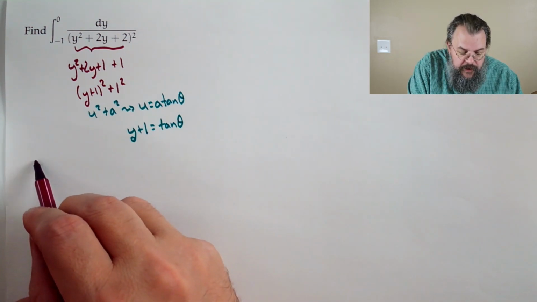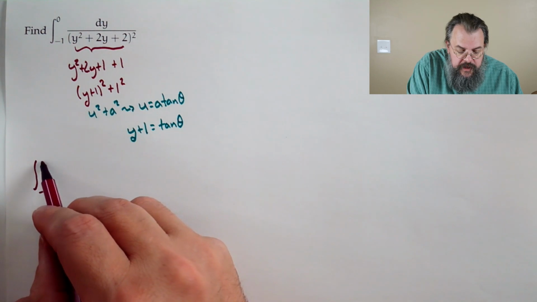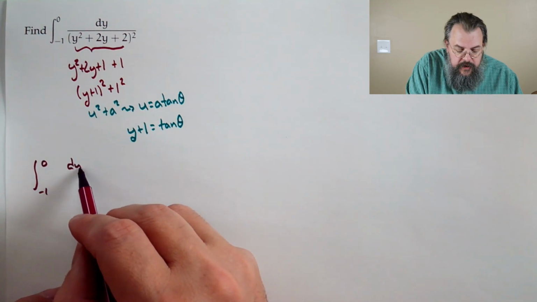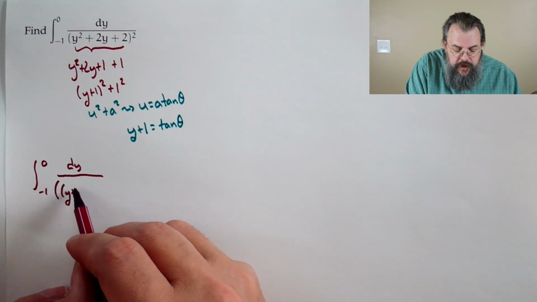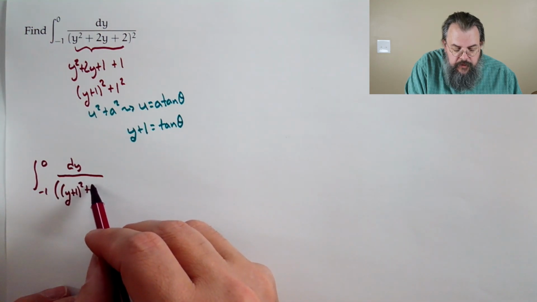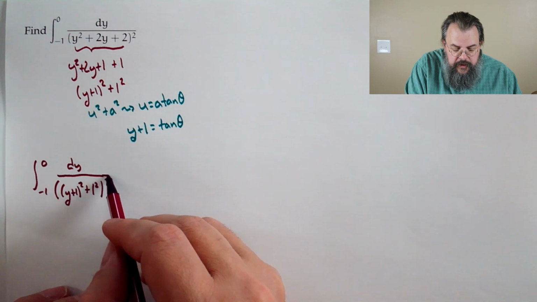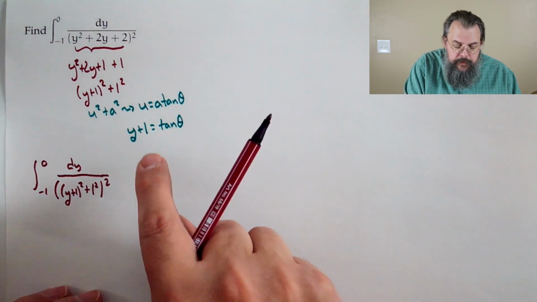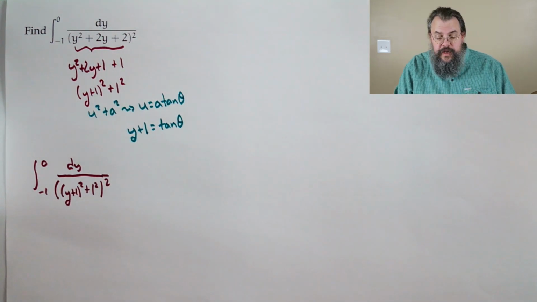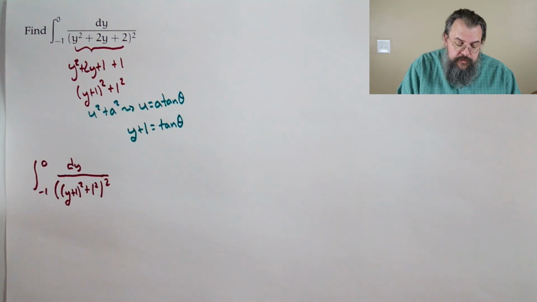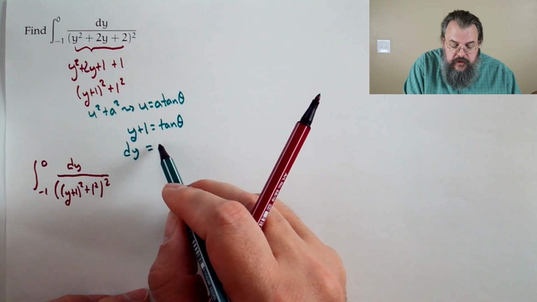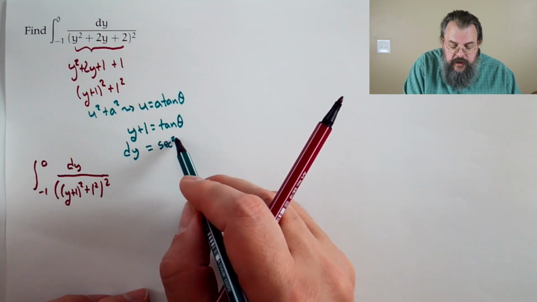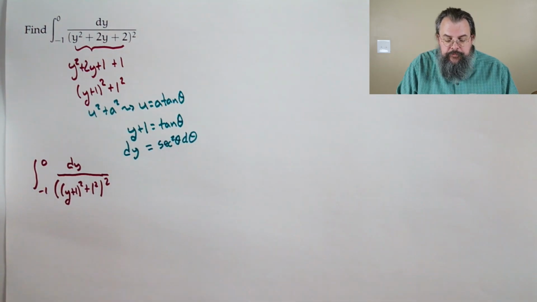So we have the following, integral from -1 to 0, and we said by completing the square, we really have y plus 1 squared plus 1 squared. And now we're making the substitution, y plus 1 equals tangent theta, which, by the way, tells us that dy, taking the derivative, is secant squared theta d theta.